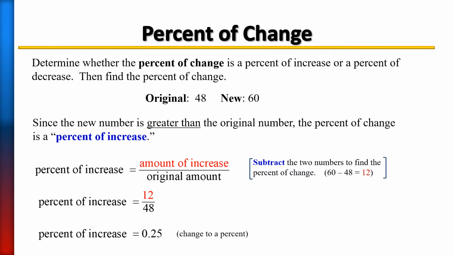That will give you the decimal form. And recall, to turn it into a percent, all we need to do is move 2 places to the right, and then insert our percent symbol, which gives us 25%. There was a 25% increase going from 48 to 60.